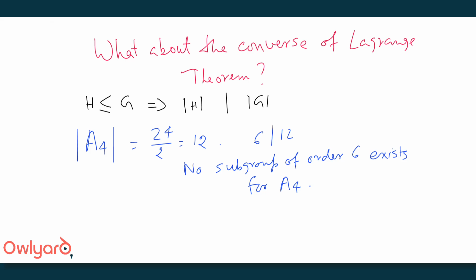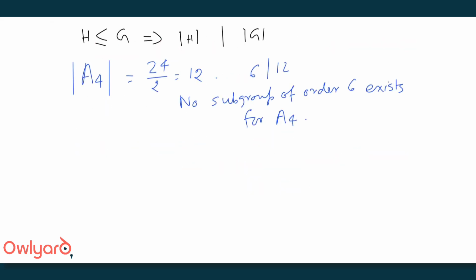Okay, but it would be excellent if the converse would be true. Then we could actually construct the subgroups just by looking at the order. Now, even though the converse is not true, there is something that we can do. First of all, we have seen in our first lecture that the converse of Lagrange theorem holds true for cyclic groups.